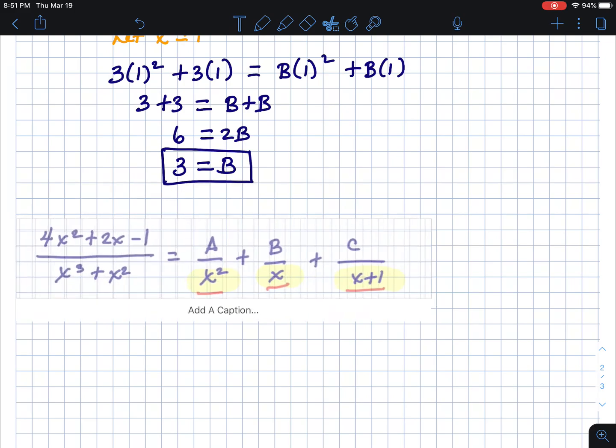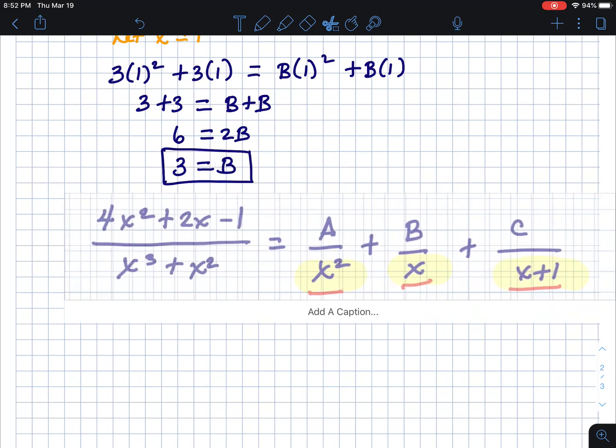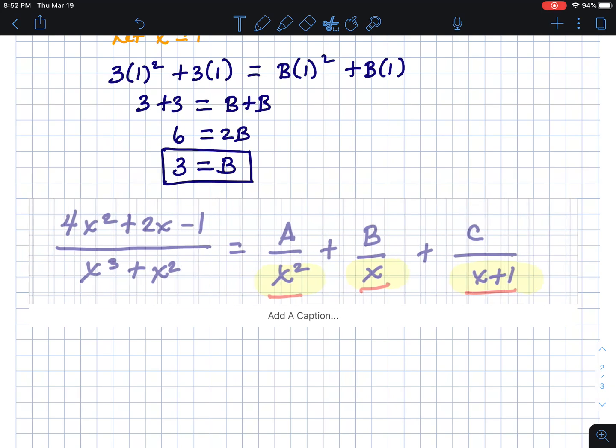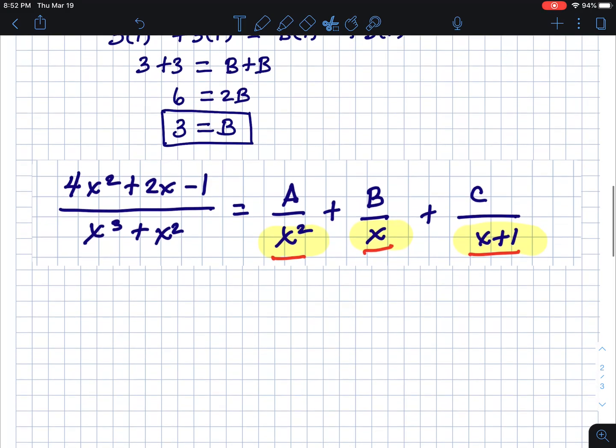I'm just making it easier so I don't have to copy it all down again. So we'll just fill this in. We're only going to fill in this part right here.